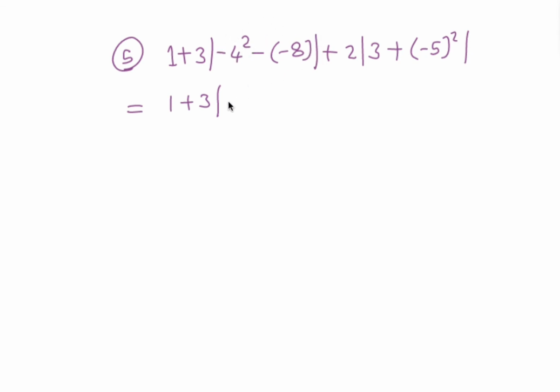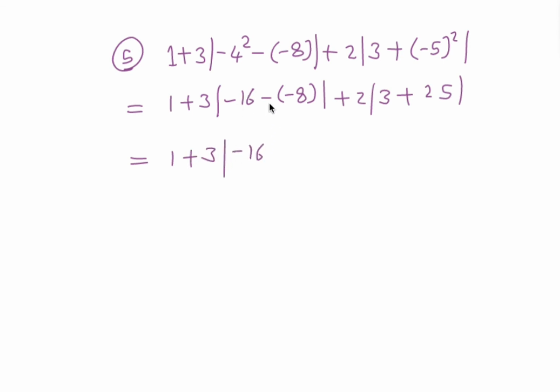So first solve the exponent. 4 square, which is 16, minus 8, and this plus 2, this one 3, plus minus 5 square is 25. Okay, now 1 plus 3 minus 16 minus multiplied with minus 8, it will be positive 8 plus 2, and now we can add here, this is 28.